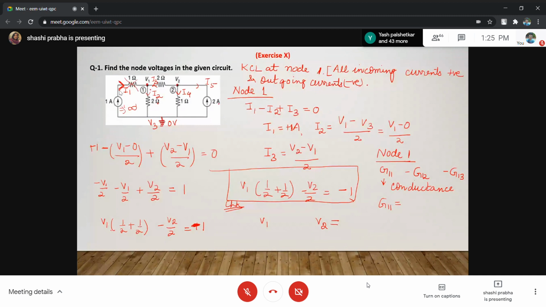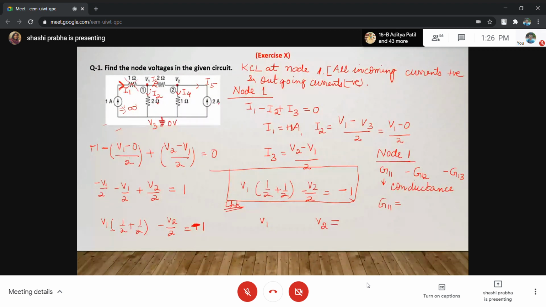So as soon as you see 1 ohm resistance connected in series with the current source, I have put a cross mark here. This resistance will never appear in any calculation. Redundant, useless for us.